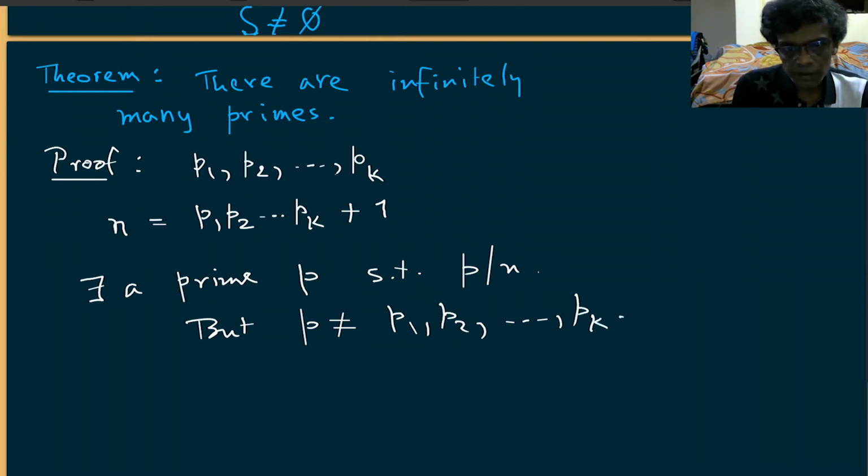So that is a contradiction. That is, we assume that there are only k primes, P1 through Pk, but this gives me another prime P which is not in this set. So this is basically a contradiction. This is Euclid's proof.